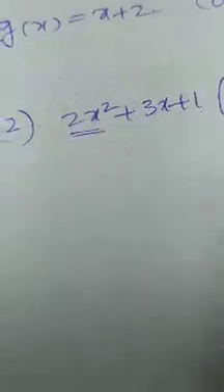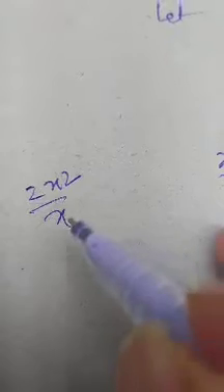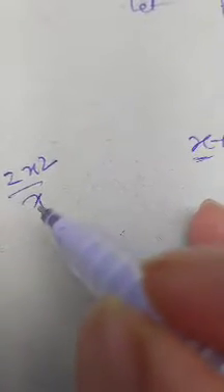In some rough work here, you write the first term in the dividend in the numerator, and the first term in the divisor in the denominator. Understood?